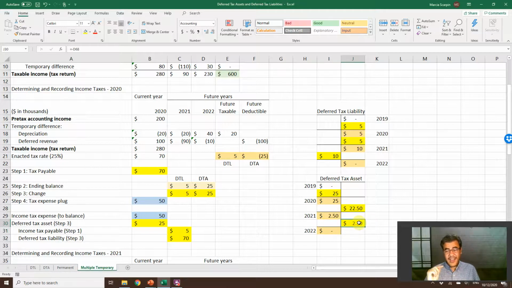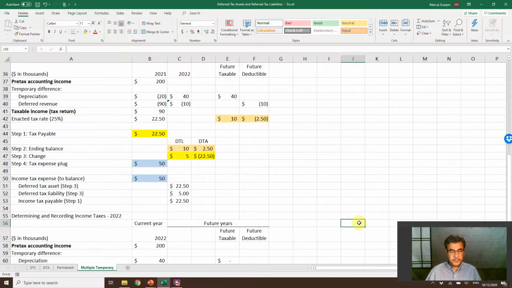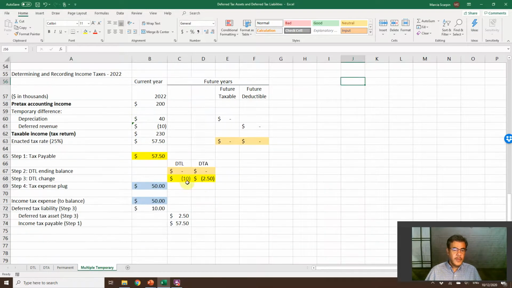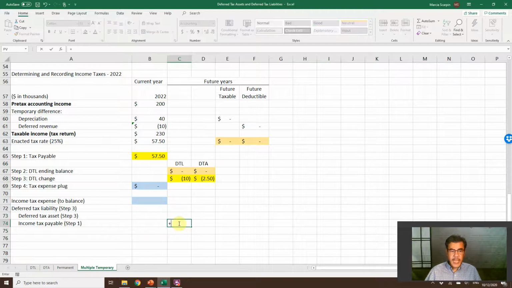The last year, we will only have decreasing changes because our ending balance must be 0, must be nothing. Here, negative 10, negative 2.5. So let's delete it here. Let's do it again. Income tax payable, 57.5.